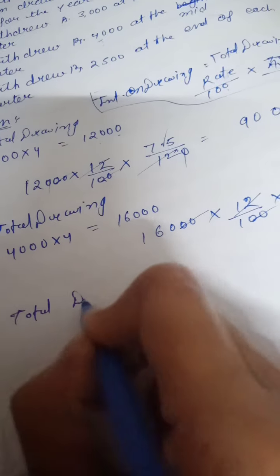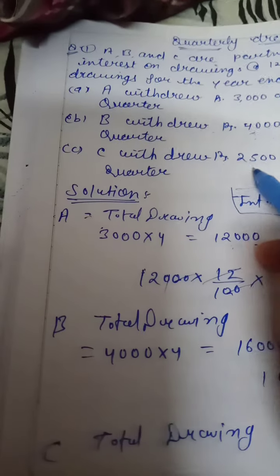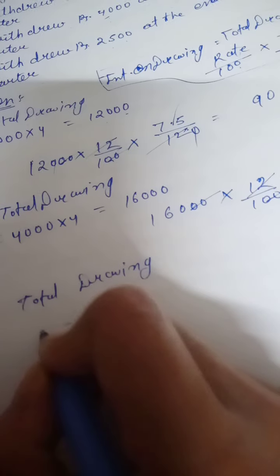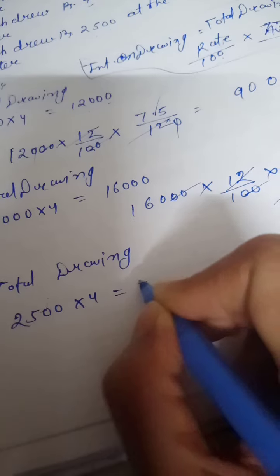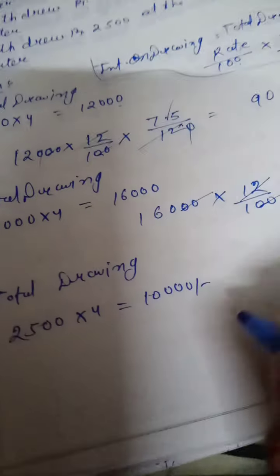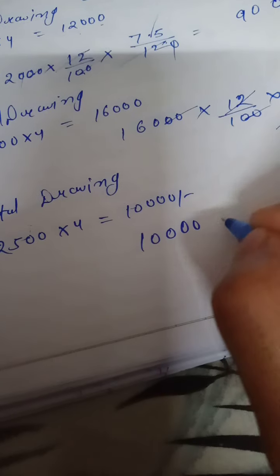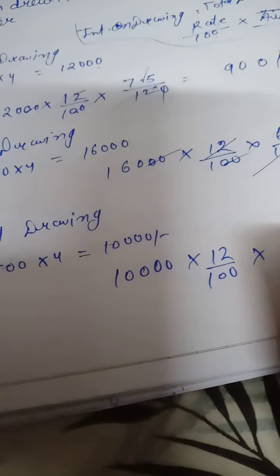Same method for C. Again total drawing is 2500 at the end of each quarter. Then 2500 into 4 is equal to 10,000, which is the total drawing. Applying the formula, 10,000 into rate of interest 12 upon 100 into average period.